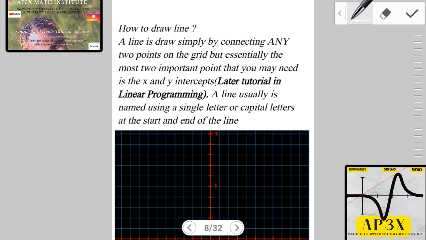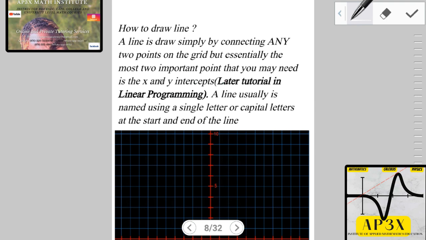But essentially, the 2 most important points that you need to draw a line in the Cartesian plane are the point at which it crosses the x-axis, and the point at which it crosses the y-axis. Once you're able to determine those 2 points, you're going to find it very easy to draw a line.